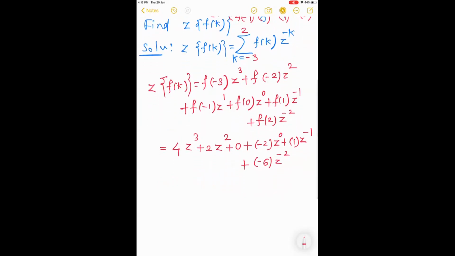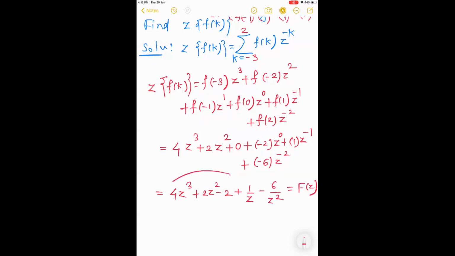And hence your final answer will be 4z cubed plus 2z square. Now this is -2, z raised to 0 is 1, plus z raised to minus 1 means 1 upon z, and minus 6 upon z square. And that is nothing but the function of z.